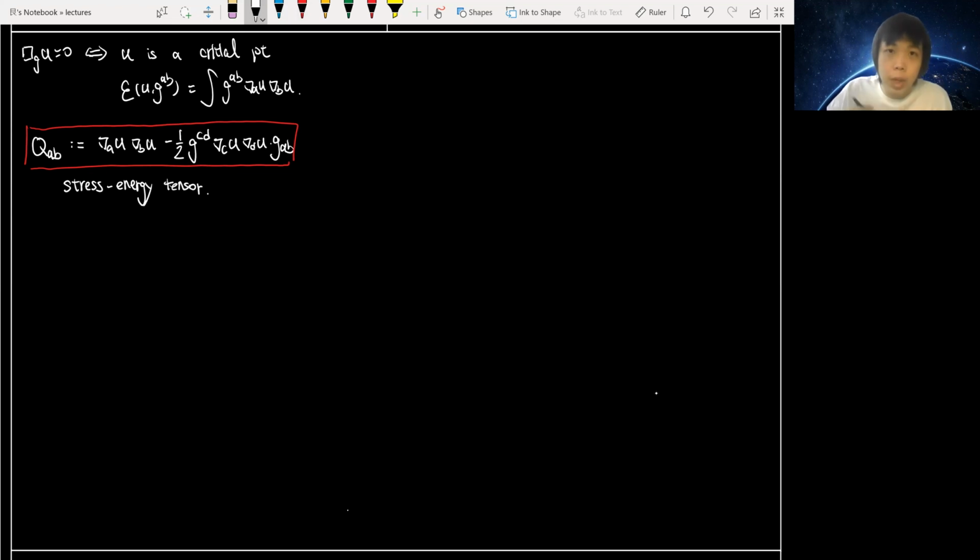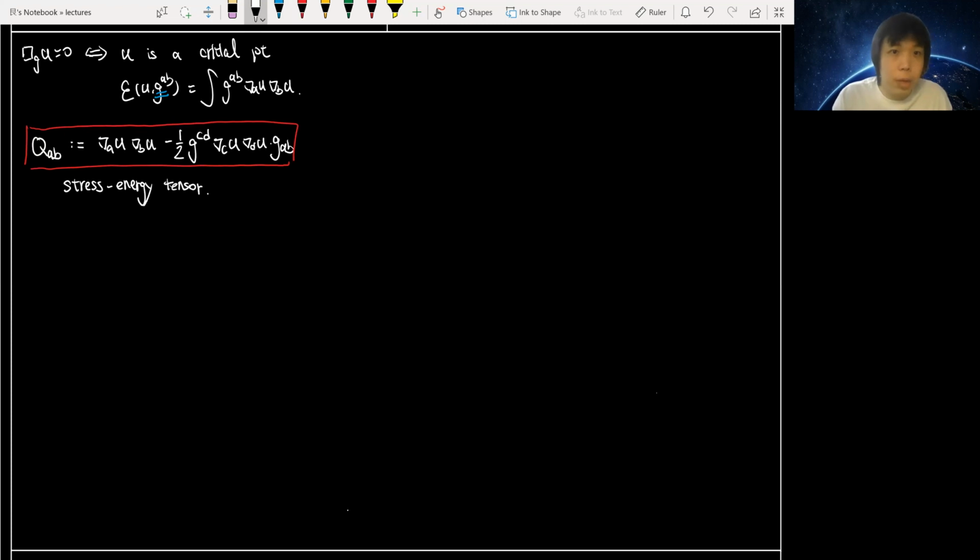This could be derived if we take this functional E and then take the derivative with respect to the metric. The result will be this symmetric two-tensor Q. But in any case, for any function u, we can form this symmetric two-tensor. And this is the core of the vector field method. The vector field method simply means take this symmetric two-tensor, contract it with certain vector fields, then apply the divergence theorem. That is the vector field method. It sounds simple, but it's actually pretty powerful.